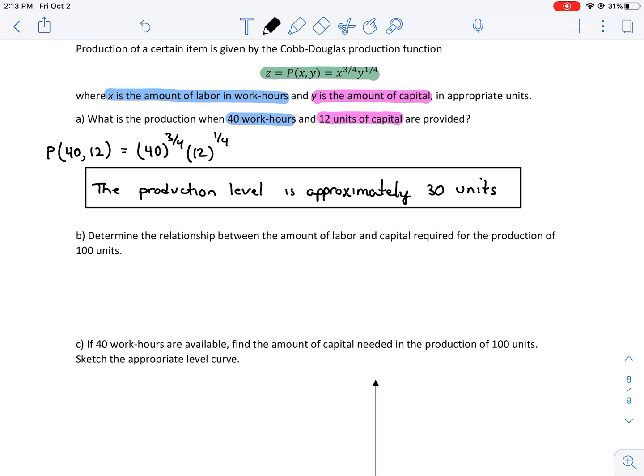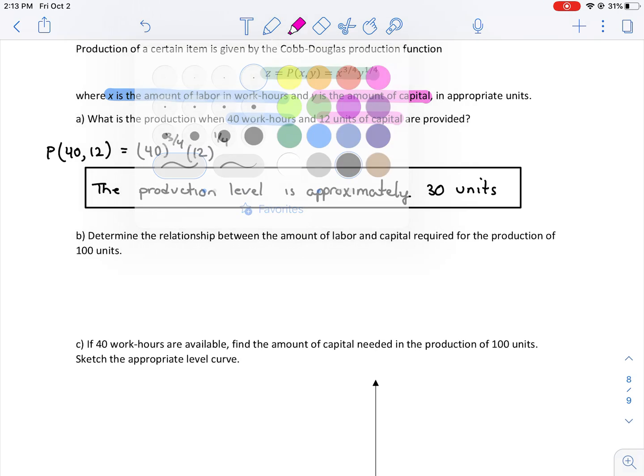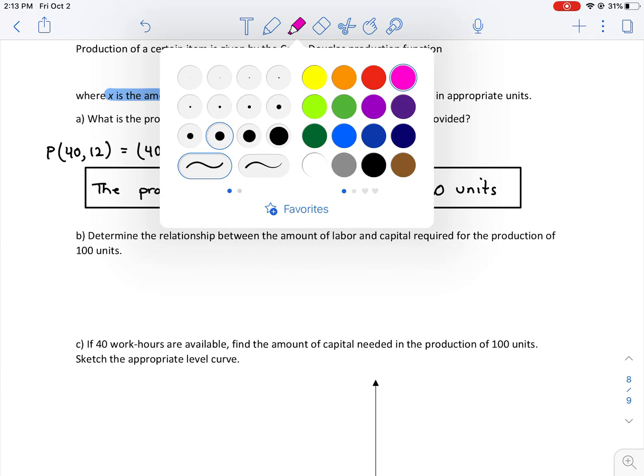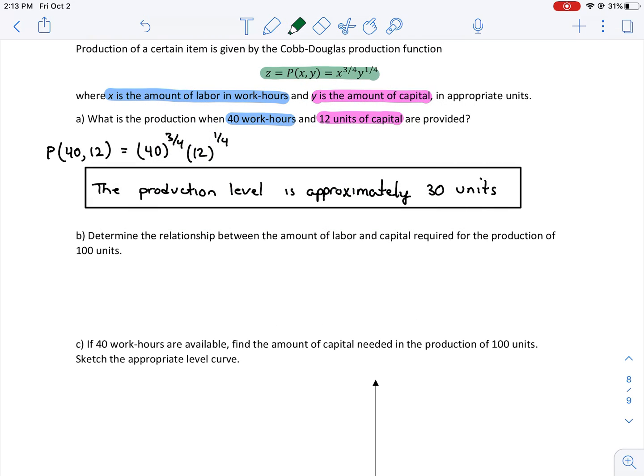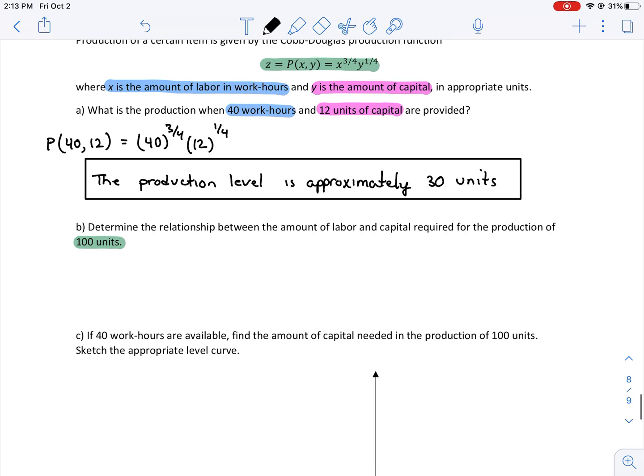Part B. Determine the relationship between the amount of labor and capital required for the production of 100 units. Okay, so for this problem, we're going to create a function that represents the level curve when z is at 100.